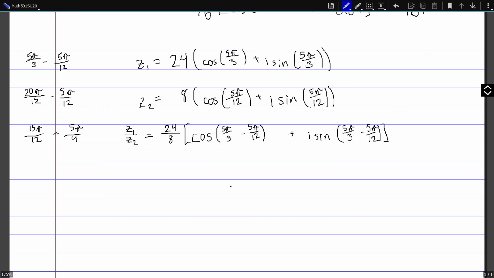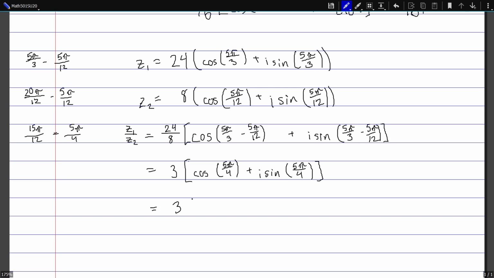All right, so let's pick up the thread. 24 divided by 8, no big deal there. That's just 3. On the inside, we now know what our argument is. This will be cosine of 5 pi over 4 plus i sine 5 pi over 4. In both of these cases, at 5 pi over 4, cosine and sine are the same value. They are both negative square root of 2 over 2.